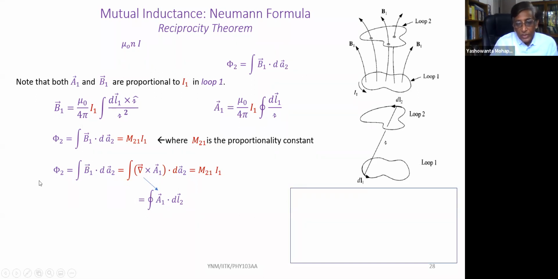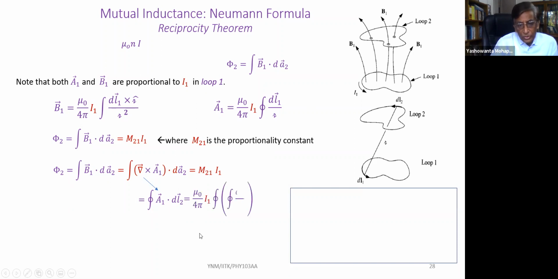So that's the flux being related to the vector potential of the source going through it. The line integral of the vector potential is the magnetic flux through it. It has very important consequences, but it's simply derived.